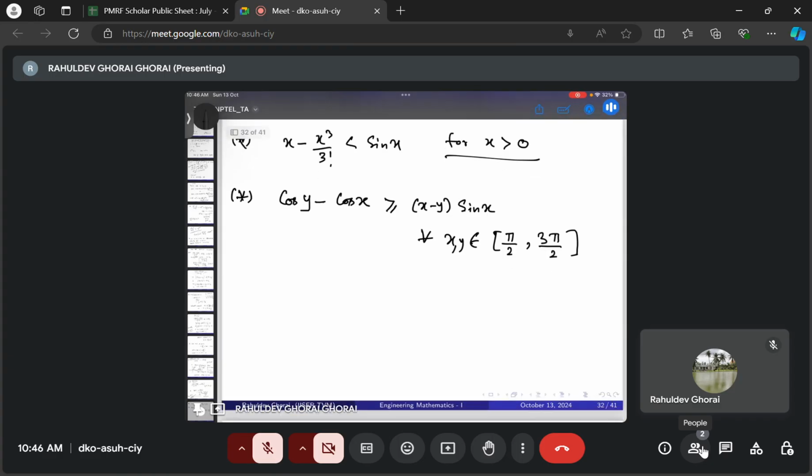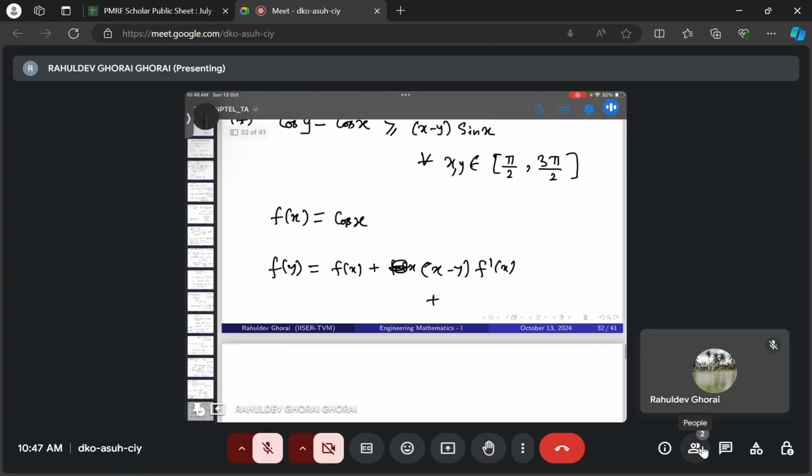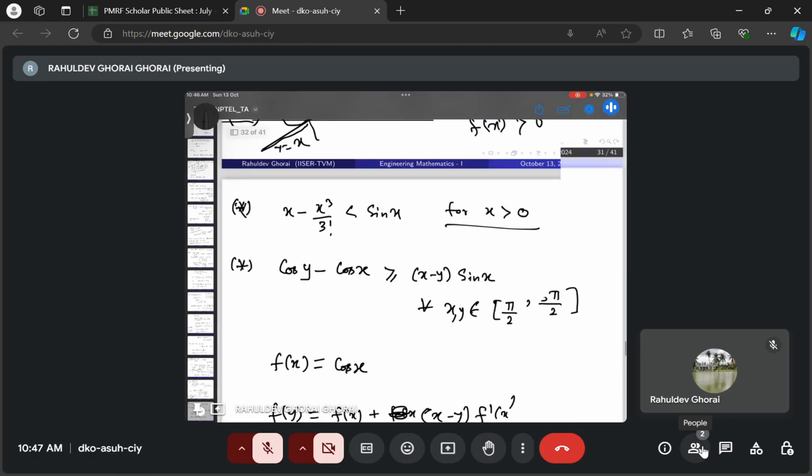Okay, so to do this, we mainly take, let's say, the function f(x) equal to cos x. Then we can write f(y) is equal to f(x) plus x minus y, sorry, I think it will be y minus x, not x minus y, right?